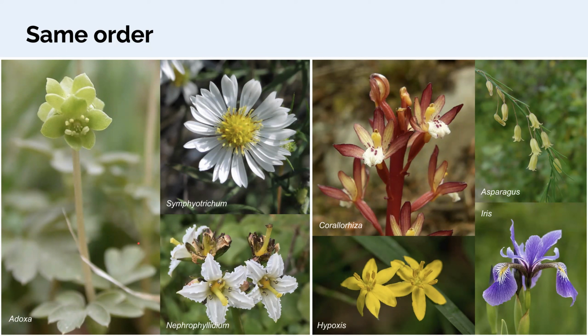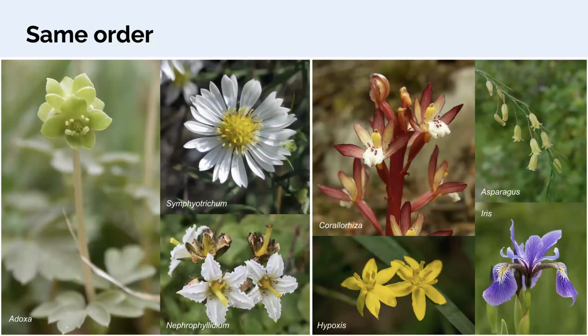This order would contain several different families: Asteraceae here, Adoxaceae, Menyanthaceae, all contained within this Asterales group. Over here in the monocots, this is Asparagales, which includes the plant asparagus, also the orchids, also iris and lilies.